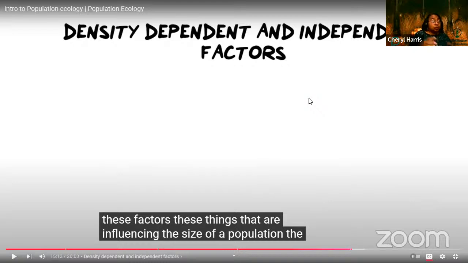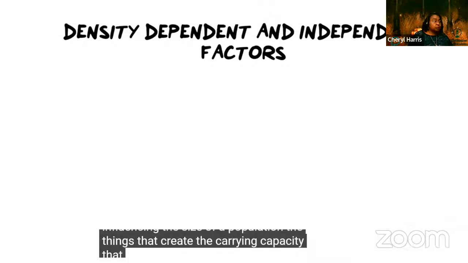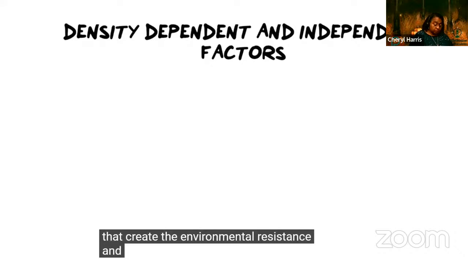Density has to do with how thick, how many organisms are in a given area. What factors is that dependent on, and what factors don't have anything to do with population? The things that create the carrying capacity, that create the environmental resistance.